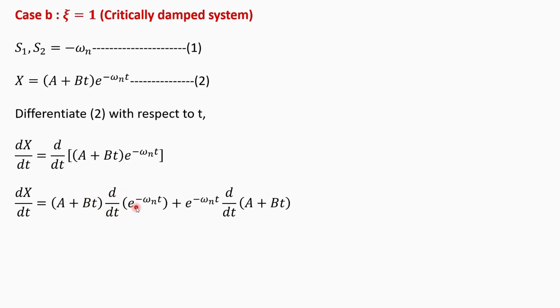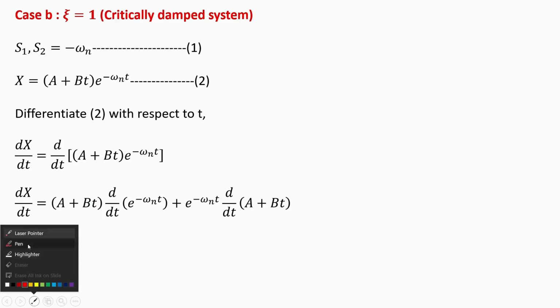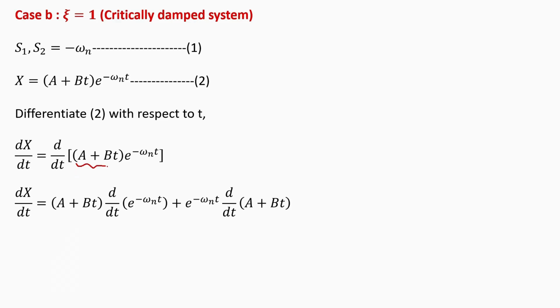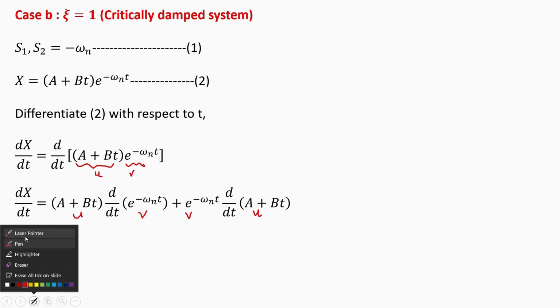So u derivative of v plus v derivative of u, that is the product rule.